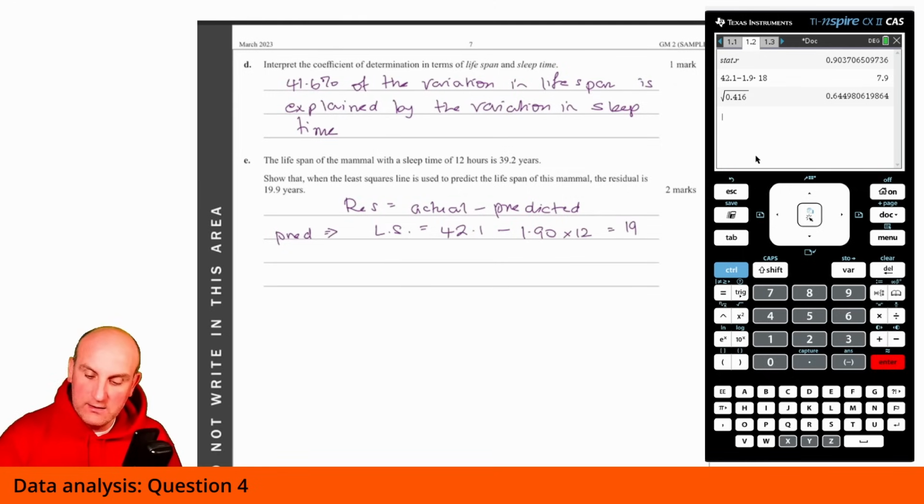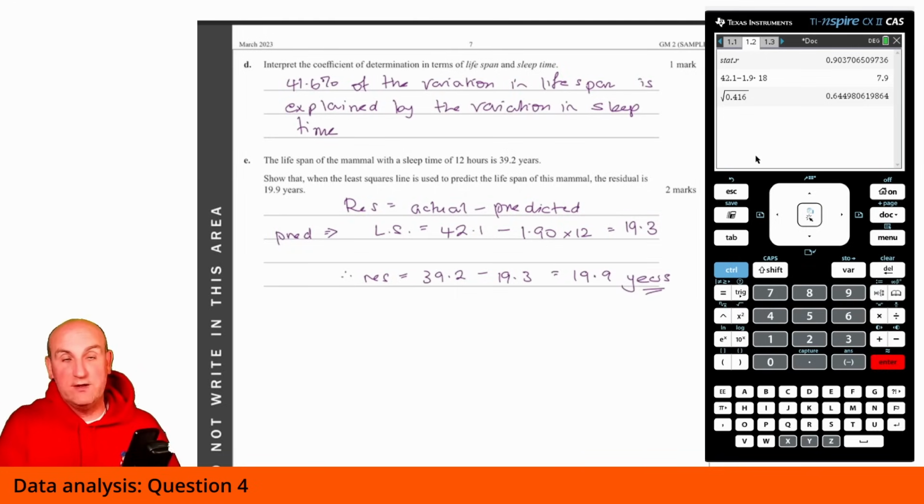I get 19.3 out. And you're going to go, okay, whoopee-doo, what do you do there? Well, basically now I say, therefore, my residual is given by my actual value. They told me the actual value was 39.2 years, minus my predicted value, which I've just worked out to be 19.3, which gives me, interestingly, 19.9 years. So I've shown it. And for those 2 marks, you've got to give enough information in there for them to actually be able to say, okay, they've shown me.